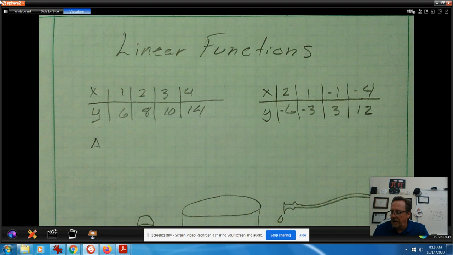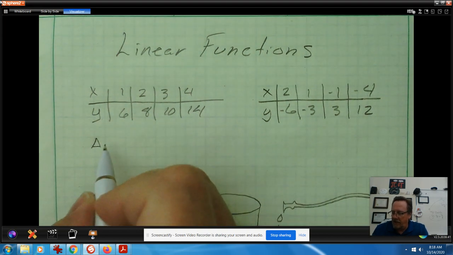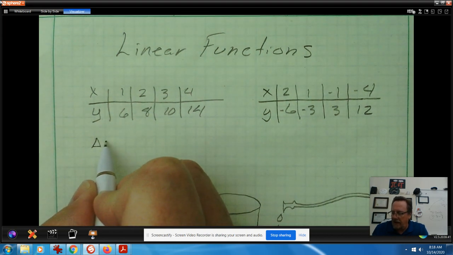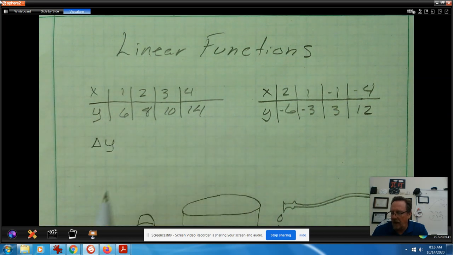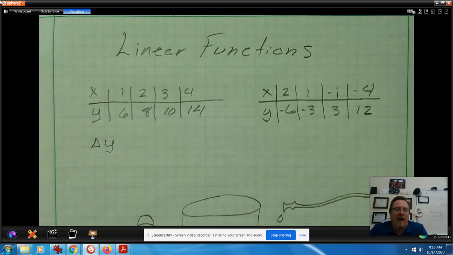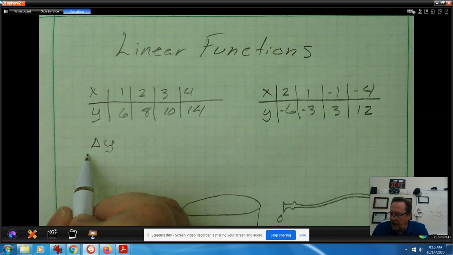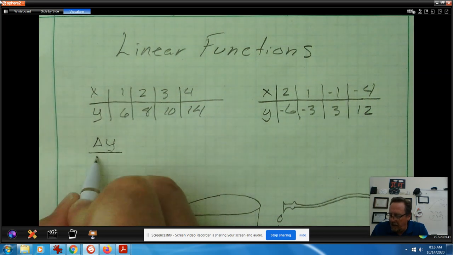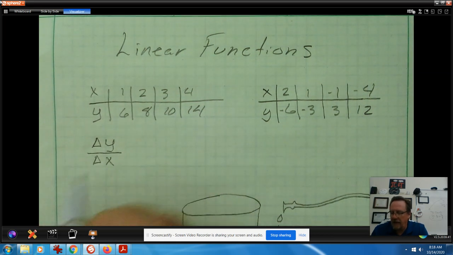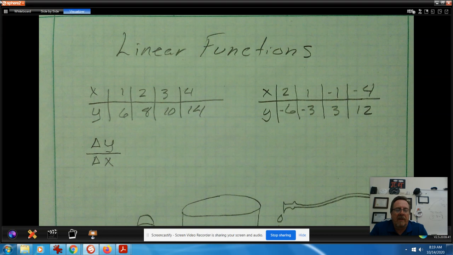Delta means change. So we can look at change in the y values and compare it to change in the x values. It's a triangle, the Greek letter delta, and it represents change.